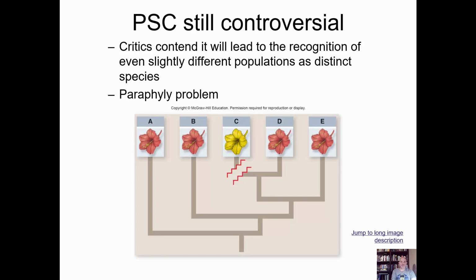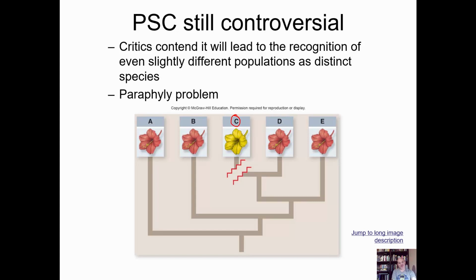But let's say that the area where population C is living, where they're distributed, the environment changes significantly just in that area. And that creates rapid change in the characters, like, for example, flower color.